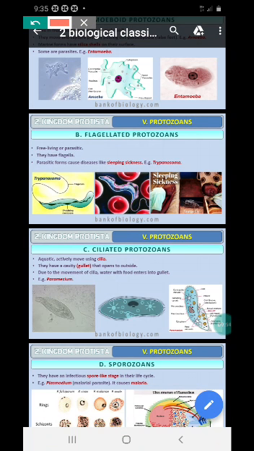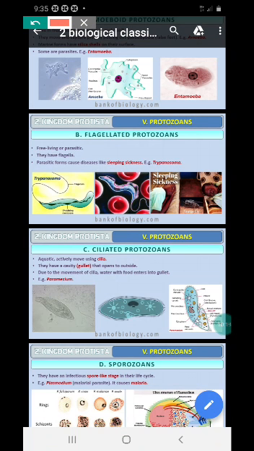Yes, it is the pseudopodia or the false feet. From the body they project protruding structures which are called as pseudopodia or false feet. And that is why these are amoeboid protozoans, right?